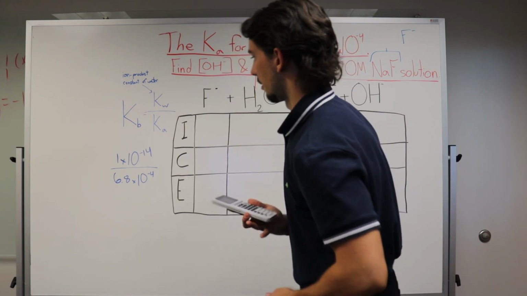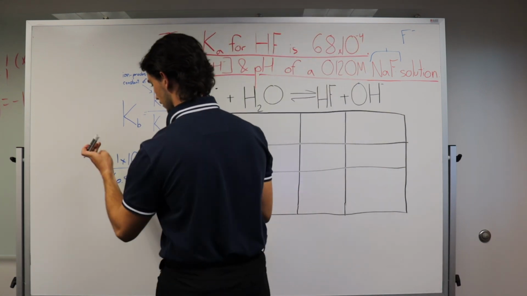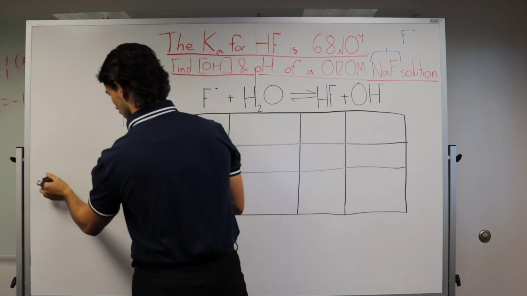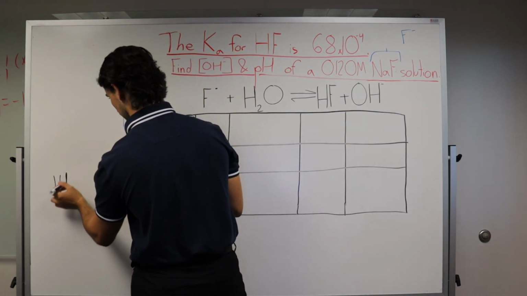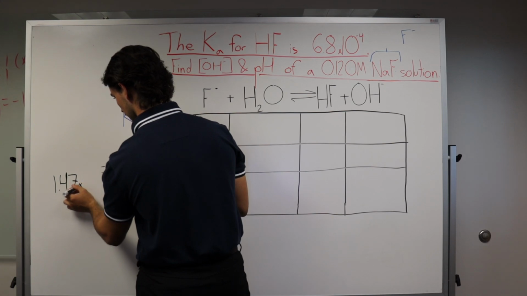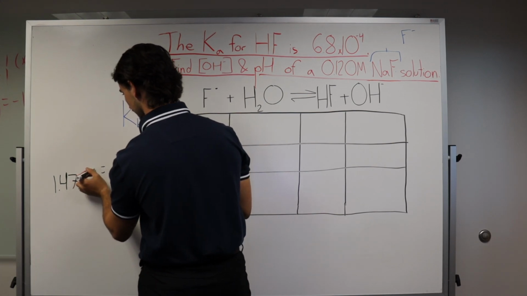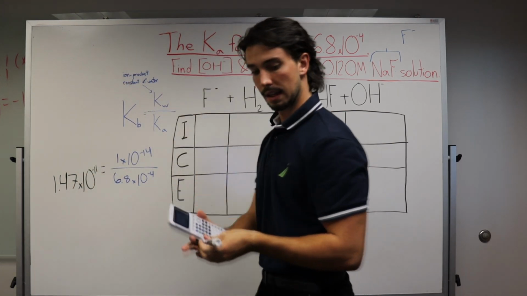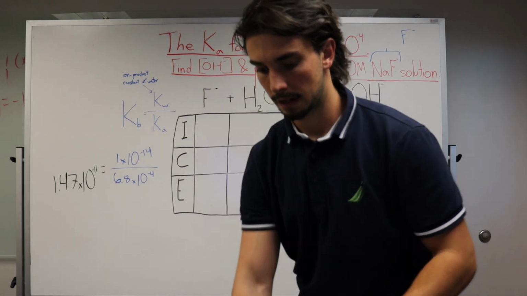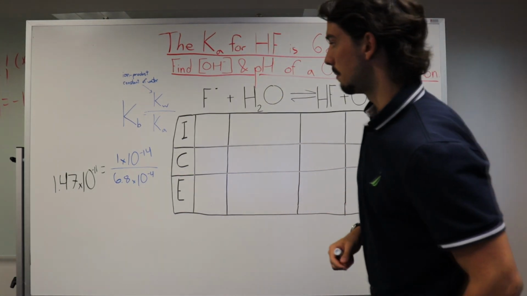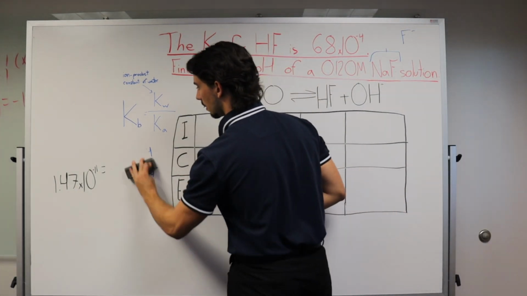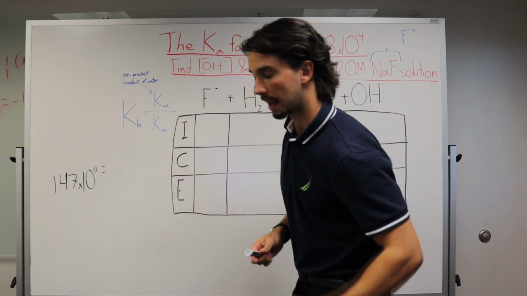In this case, our Kb is going to be equal to 1.47 times 10 to the negative 11. Perfect. That's our Kb. Now that we have the Kb, we just have to write the formula for that Kb.